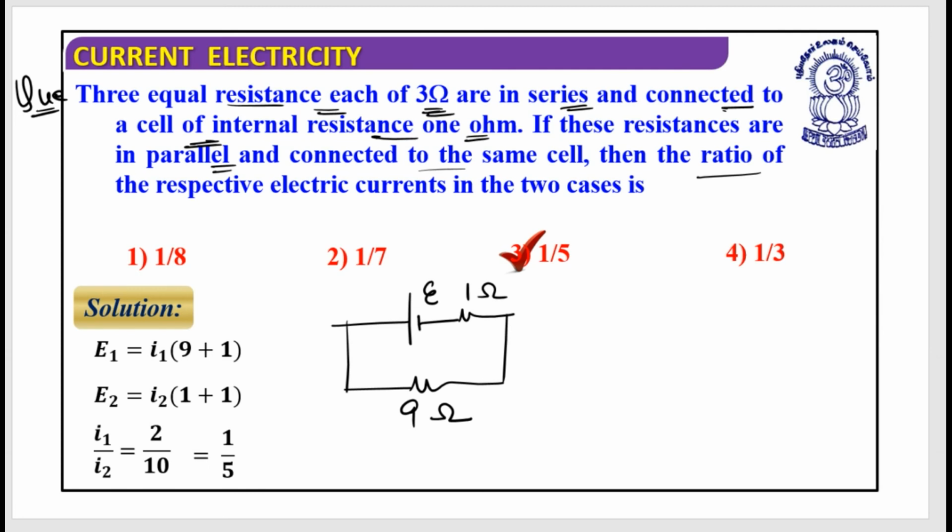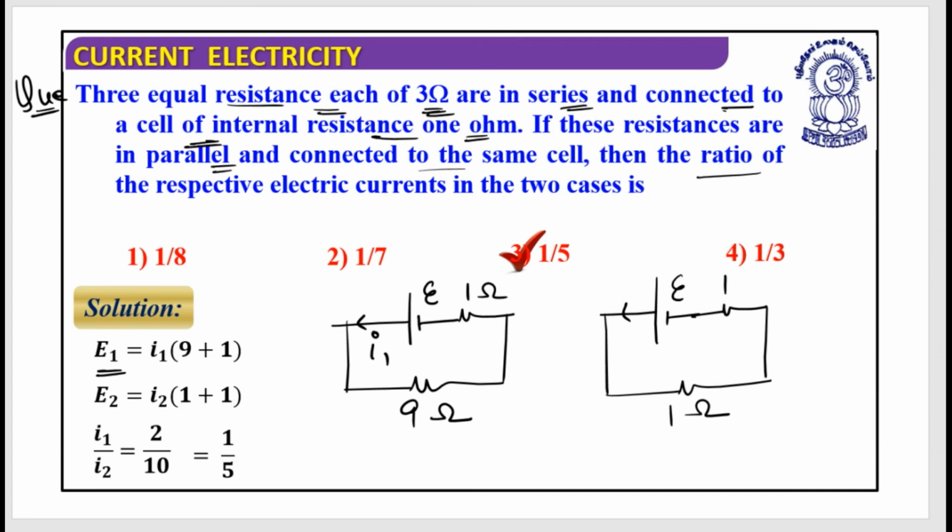Next, if they have been connected in parallel, the situation should be: this is the internal resistance of 1 ohm, and 3, 3, 3 in parallel. So this is the case when they are connected in series, and this is the case when they are connected in parallel. So in the first case, let's say a certain current I1 would be flowing through this and I2 would be flowing through this.